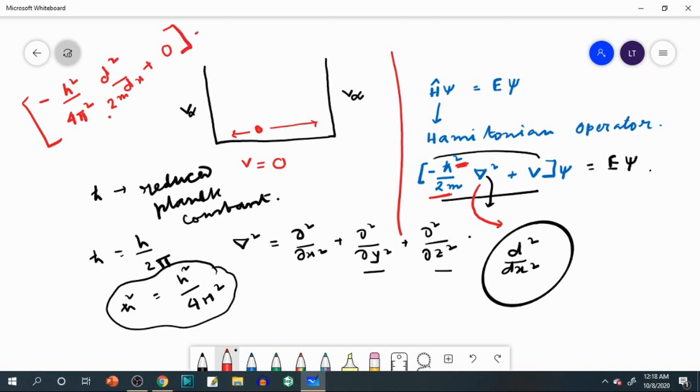So it will be equal to E psi. There will be psi also here. Clear? Now if we simplify this equation, what will happen?